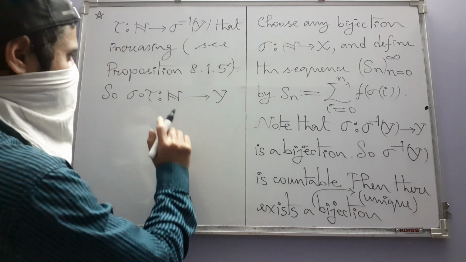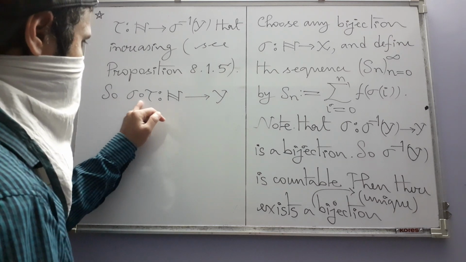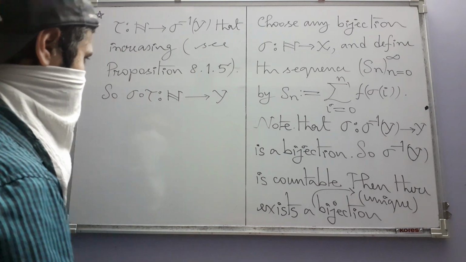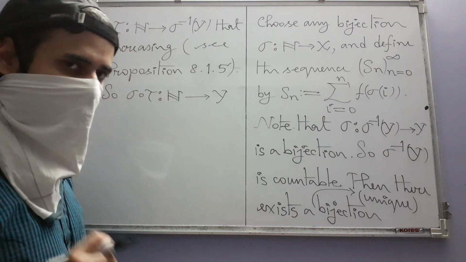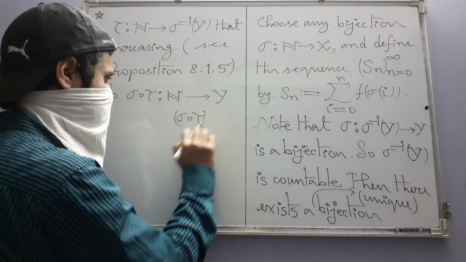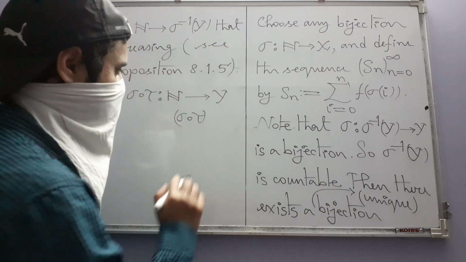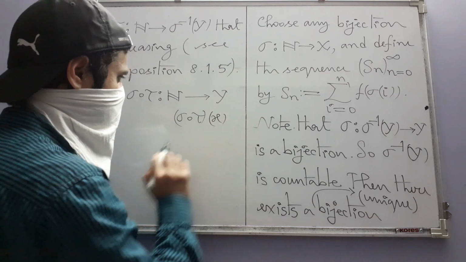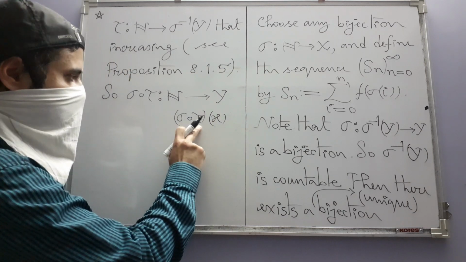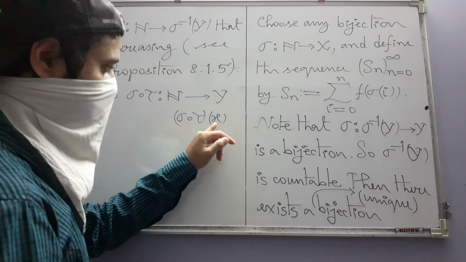If you somehow are always confused about how to decide this order, you think of how you are going to apply this function. If the function is this, then your input lies to the right of the function name, right? Say x. So that means you need to apply tau first to x. Does that make sense?